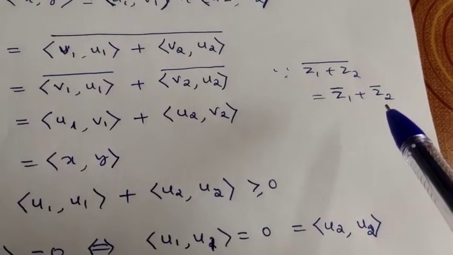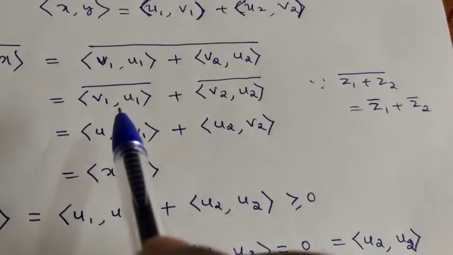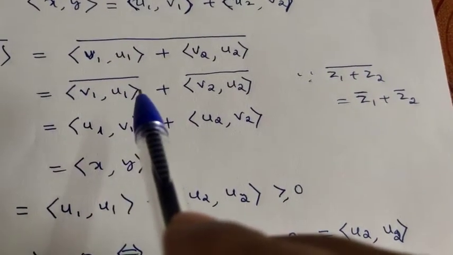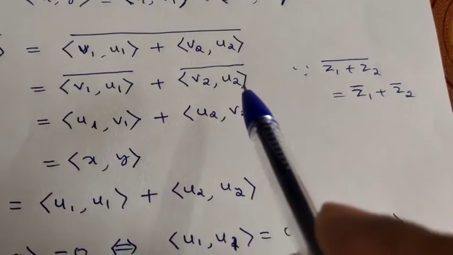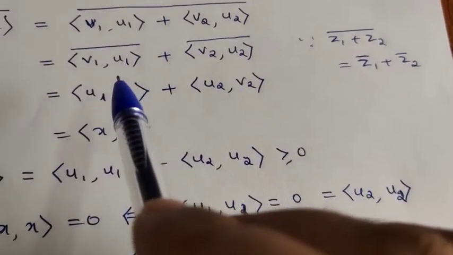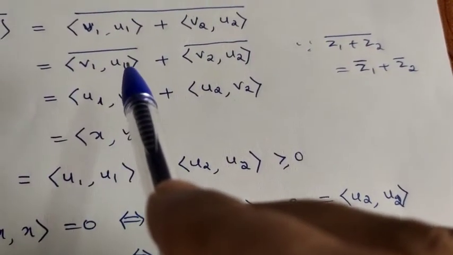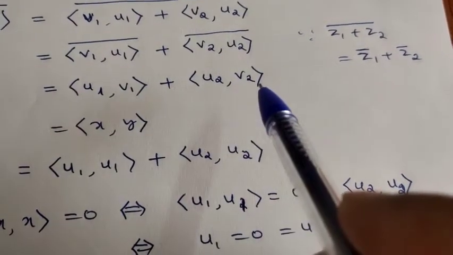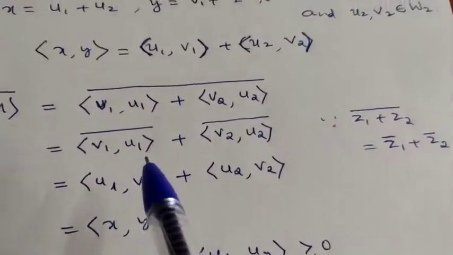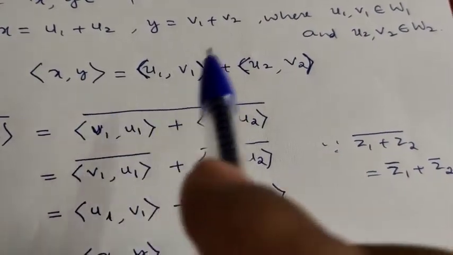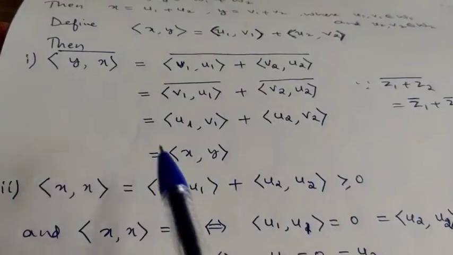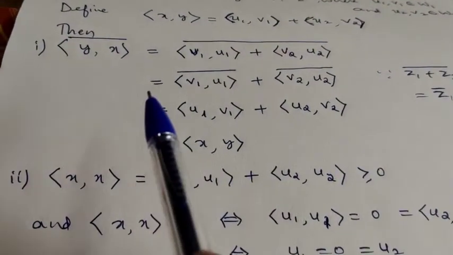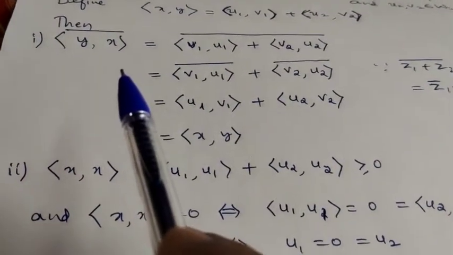So this can be written as the conjugate of ⟨v1, u1⟩ plus the conjugate of ⟨v2, u2⟩. Removing the conjugates, it becomes ⟨u1, v1⟩ plus ⟨u2, v2⟩, which is nothing but the defined inner product of x, y. Therefore ⟨x, y⟩ is equal to the conjugate of ⟨y, x⟩. The first condition we have proved.